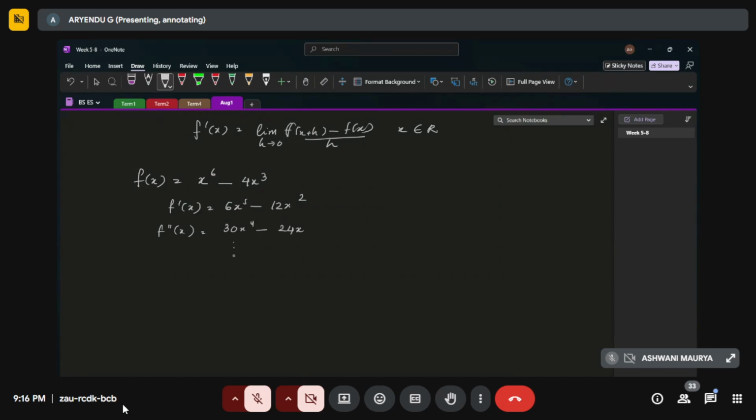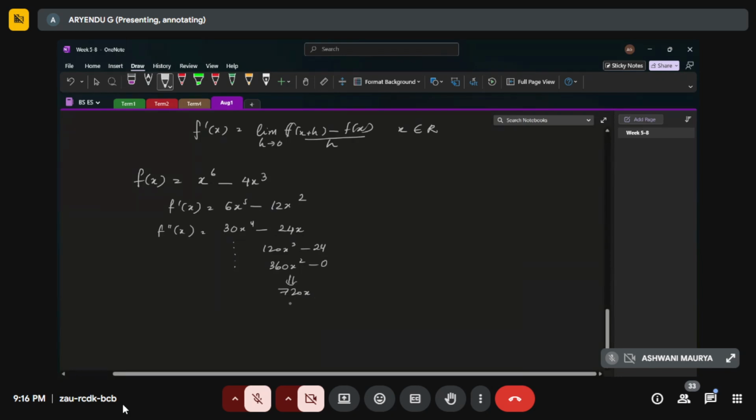And then if you go on and on, you will get 120x cube minus 24, and then 360x square minus 0, and then 720x, and finally 720. This is the third derivative, this is fourth, this is fifth, and this is sixth. And if you take the seventh derivative, you will get 0.